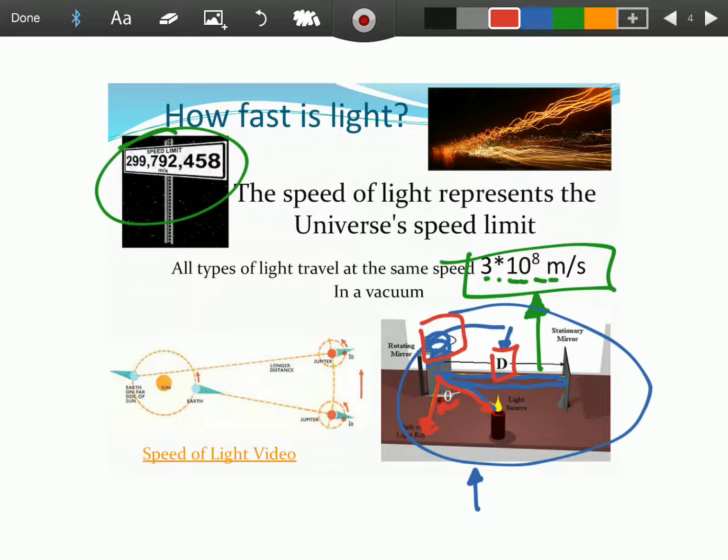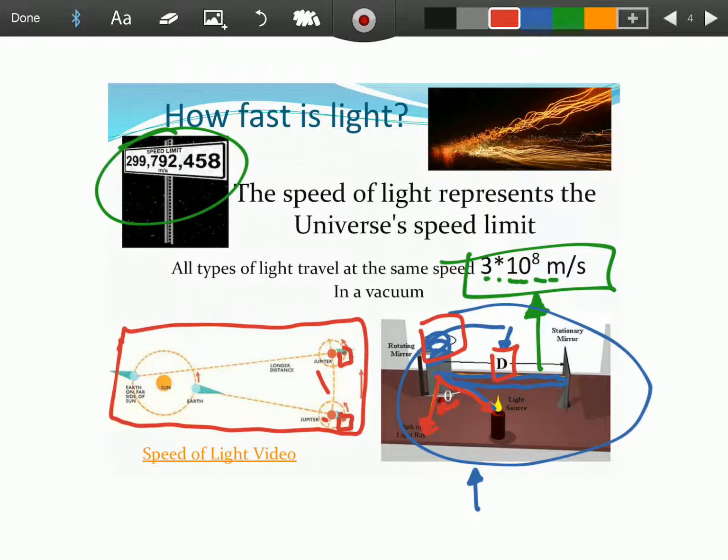But before we had really cool things like this, I can't remember who, but some ancient astronomer used the fact that one of Jupiter's moons, Io, would eclipse at slightly different times based on Jupiter's relative position to Earth. So you see Earth is closer to Jupiter here, and it's further from Jupiter here.